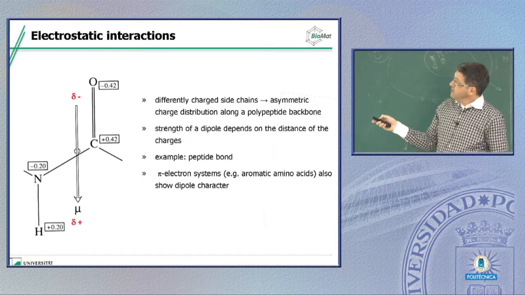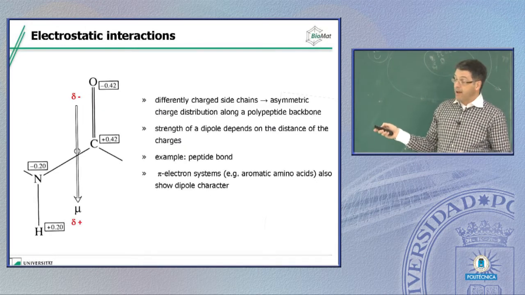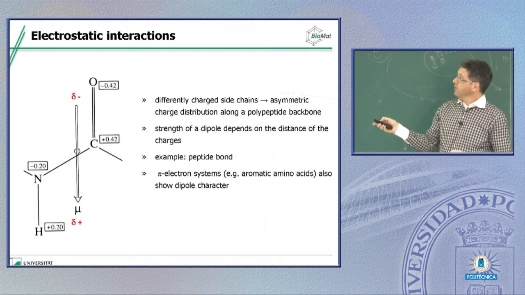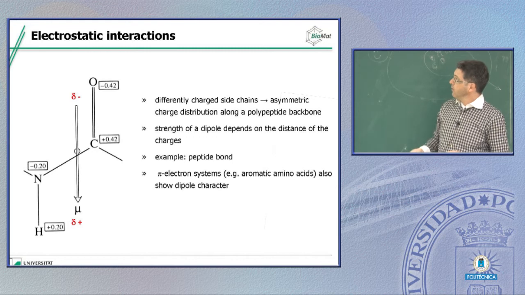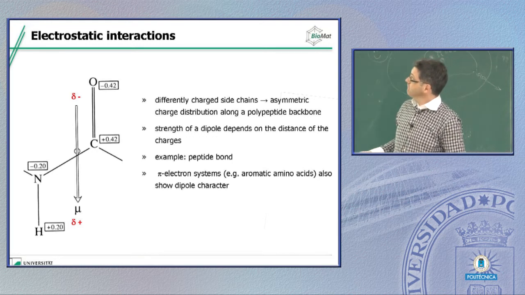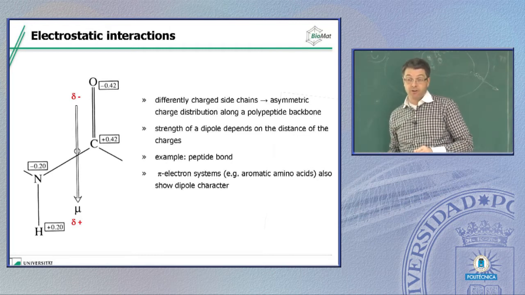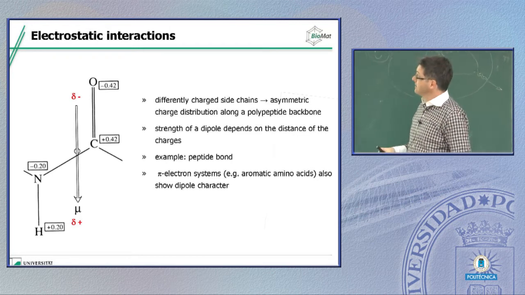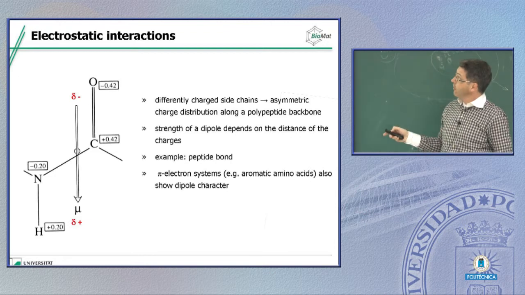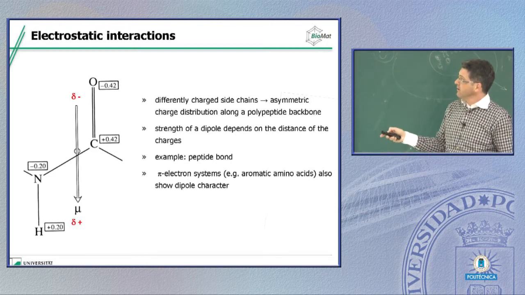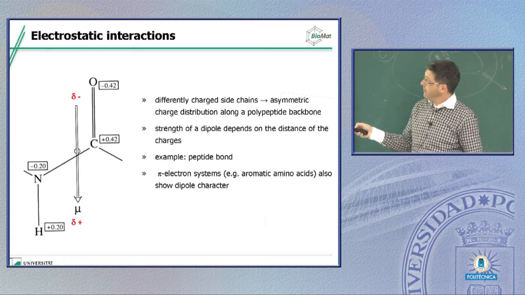Important is also that ions play a role here, pH plays a role, and also the solvent plays a role, and I don't want to go into much detail here. So electrostatic interactions can not only occur between charged amino acid residues, they can also occur if you just check the peptide bond. This is just a different drawing of what we saw yesterday for a peptide bond.